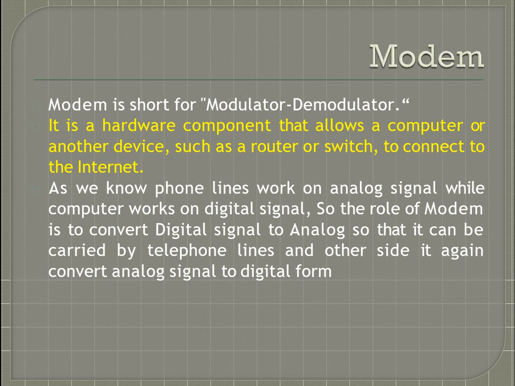So this is called modulation, demodulation, that is the transformation of signals from analog to digital and digital to analog. So the main function of a modem is to convert analog to digital and digital to analog. Okay, so it can be carried by telephone lines, and on the other side the computer can understand the digital form.